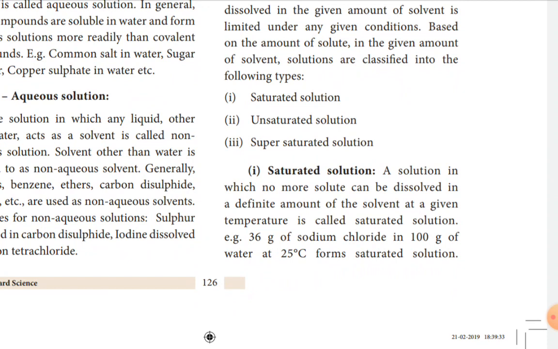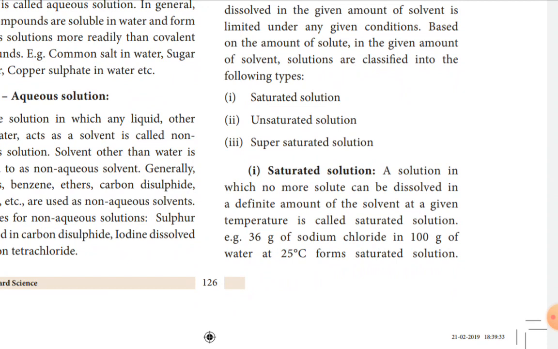So how much of a salt or solid is dissolved in 100 gram or 100 ml of solvent is going to give a saturated solution. For example, 36 gram of sodium chloride can be dissolved in 100 gram of water at normal 25-degree room temperature. Not more than 36 gram of sodium chloride can be dissolved in 100 ml of water at 25 degree.